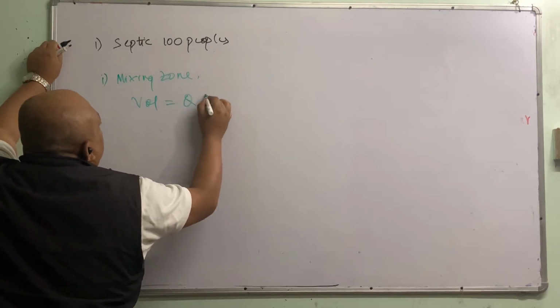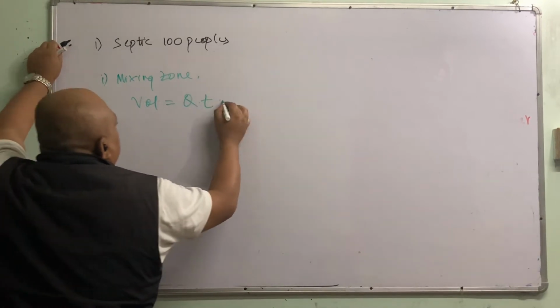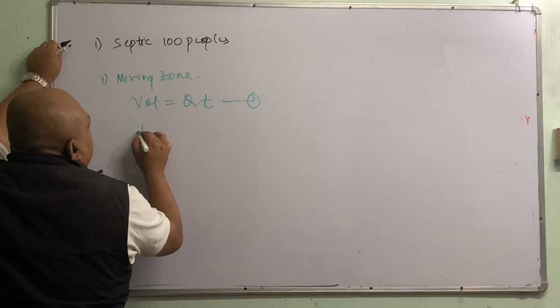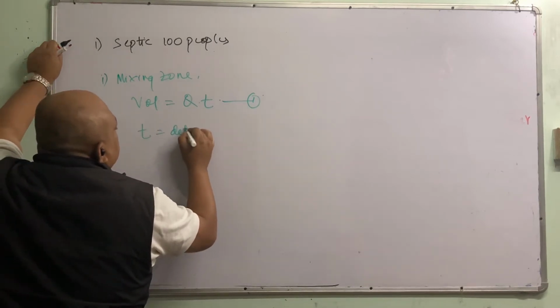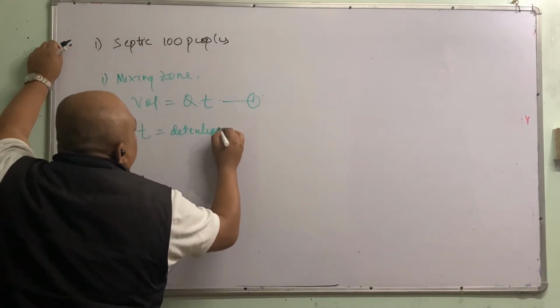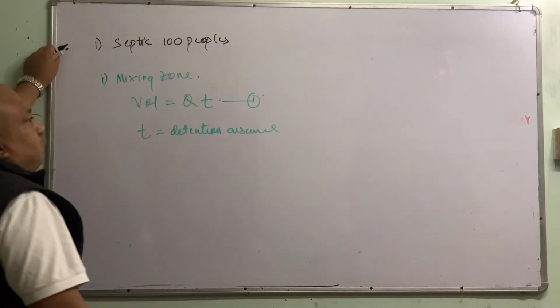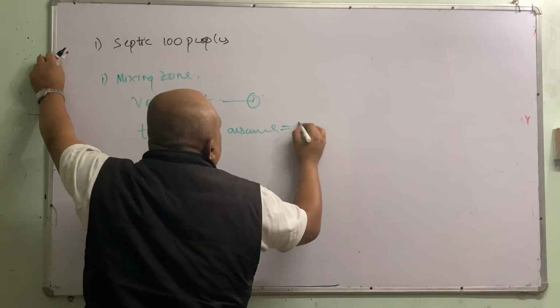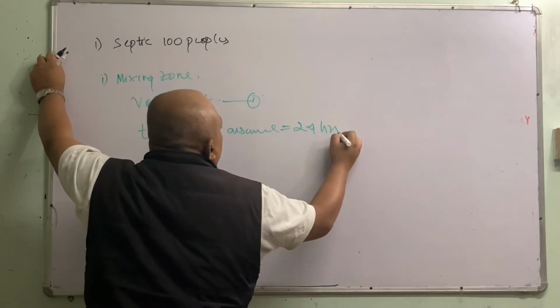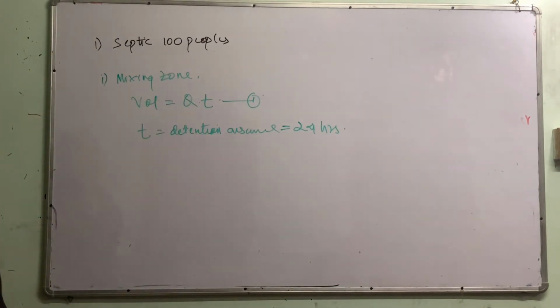Volume is Q into T, right? What is T? The detention time, which I told you to assume as 24 hours.